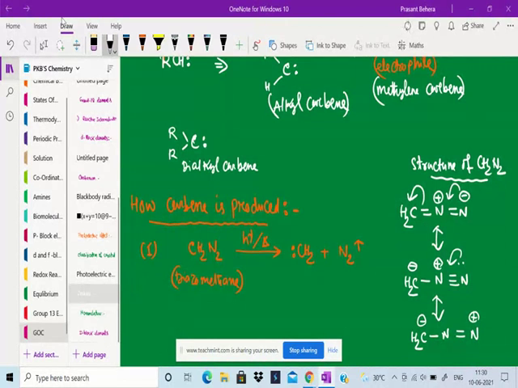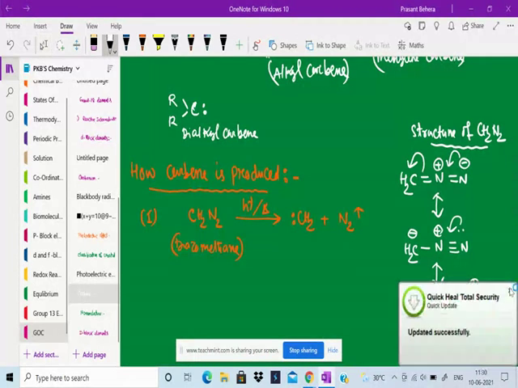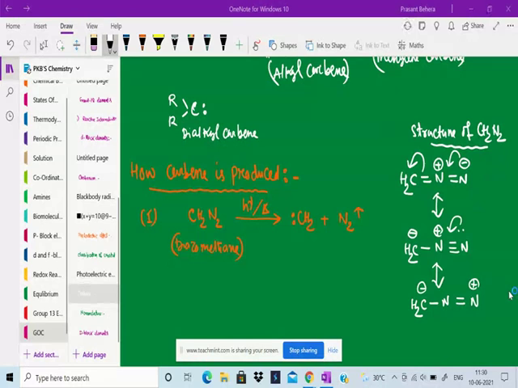So this is a resonance structure of diazomethane, a dipolar ion. So when diazomethane undergoes photolysis or pyrolysis, we get a carbene, methylene carbene, the most reactive intermediate.